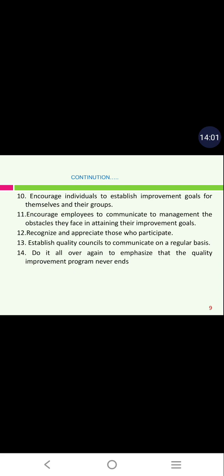Quality is always a continuous improvement process, so that has to be insisted upon. Then only the quality of the product can be increased. So these are all the 14 steps that were suggested by Philip Crosby to improve the quality of a particular product.